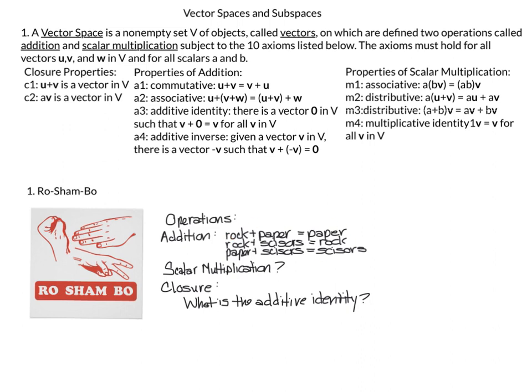Well, it is, because when you do your addition, you always come back with rock, paper, or scissors. With scalar multiplication, you still come back with some flavor of rock, paper, scissors. And then another big problem, other than scalar multiplication, is what is the additive identity? Because you don't have anything that always loses.